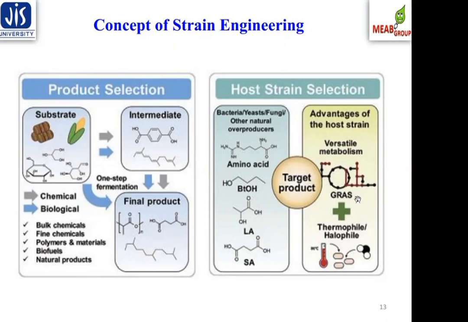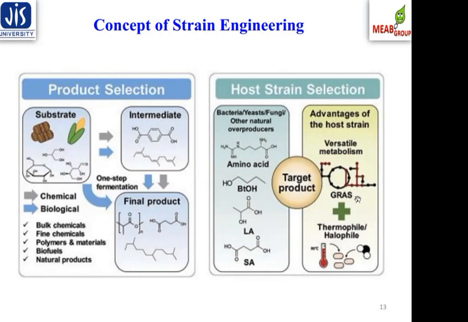Number one is the product selection. That will entirely depend on the initial concentration of the substrate that you have chosen and the development of the intermediate precursors and final product outcome. So these mostly depend on the chemical and biological conversion based on bulk chemicals, fine chemicals, polymers or materials, biofuels or natural products.